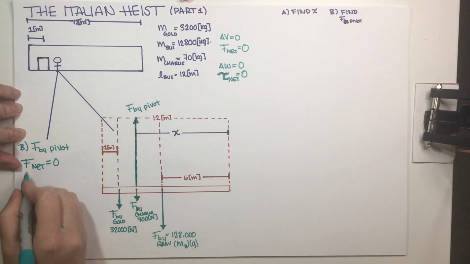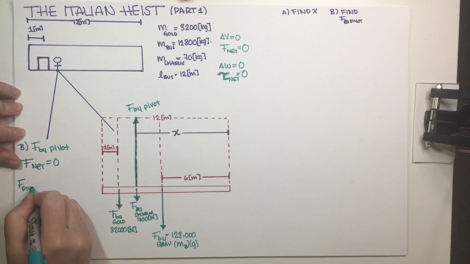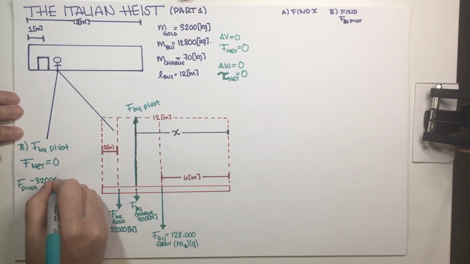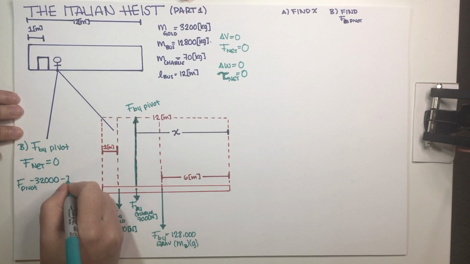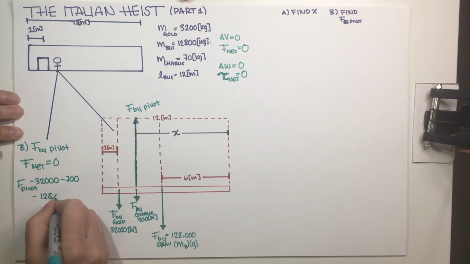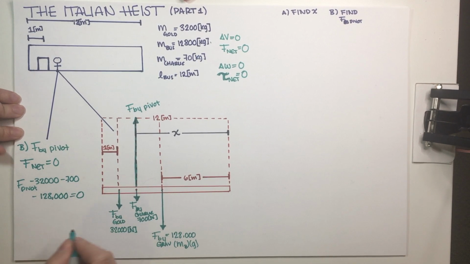So a force going up minus a force going down minus a force going down minus a force going down has to be equal to 0.